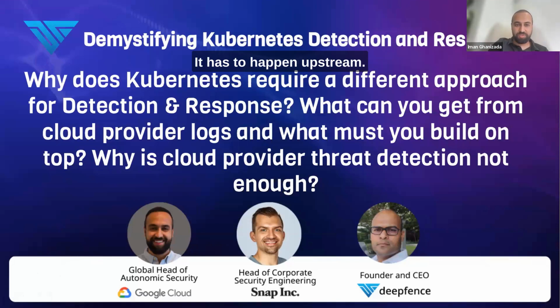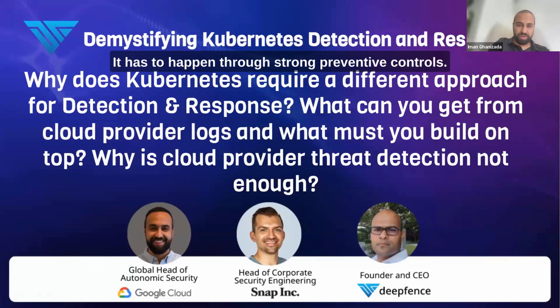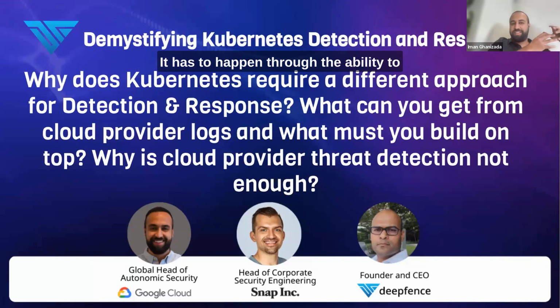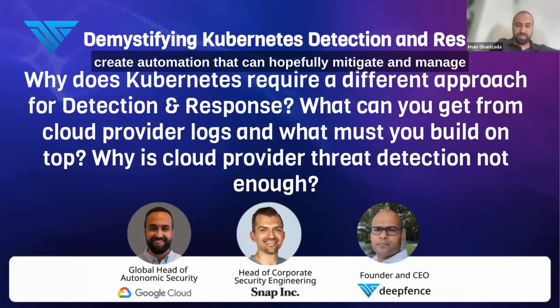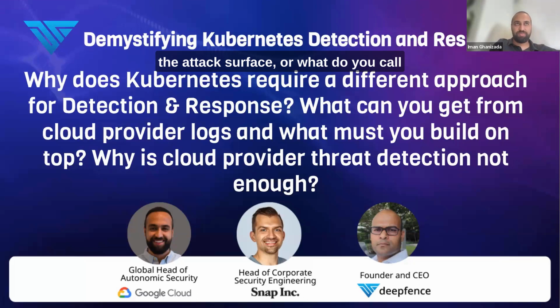It has to happen upstream. It has to happen through strong preventive controls. It has to happen through the ability to rapidly take ephemeral infrastructure and create automation that can hopefully mitigate and manage the attack surface, or the impact of an attacker.